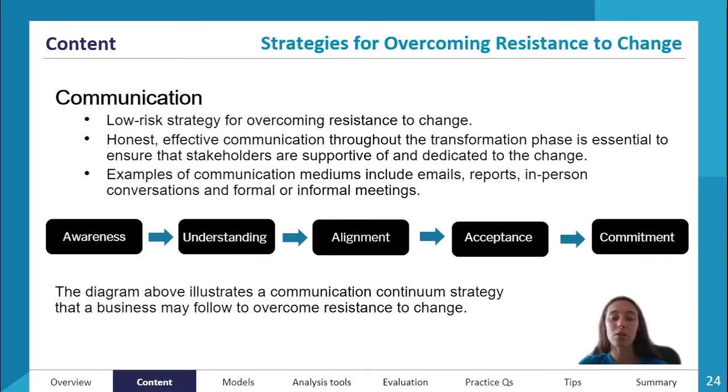And so a business could follow this to overcome resistance to change. You make employees aware of why the change is necessary, what's happening in the business environment, and then that's going to lead to them understanding that need. And with understanding comes that idea of alignment.